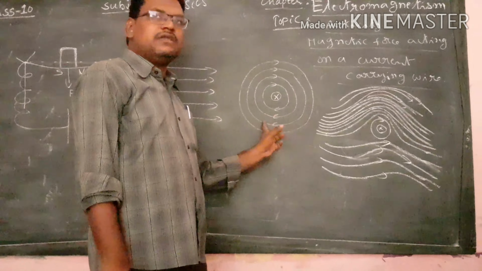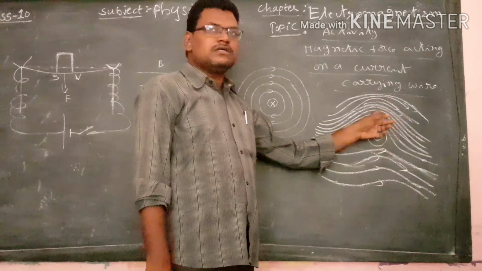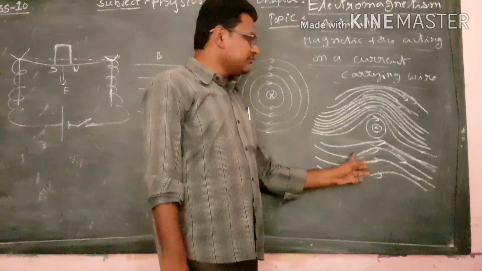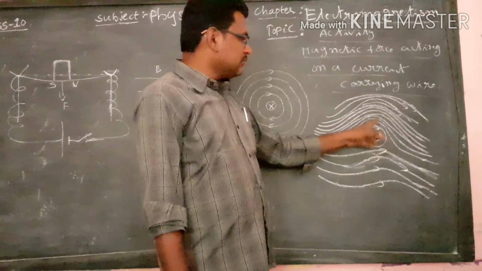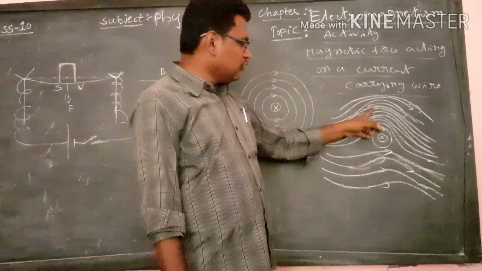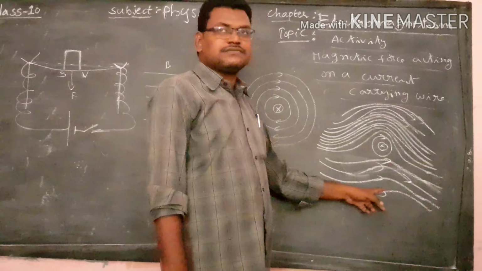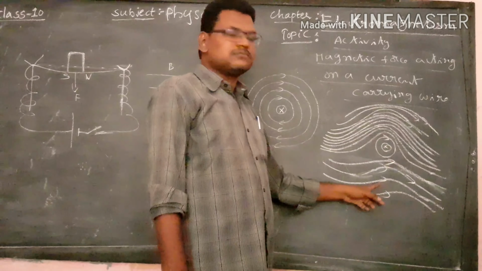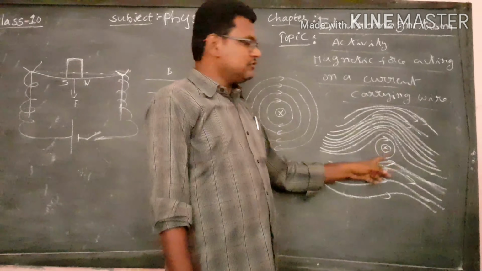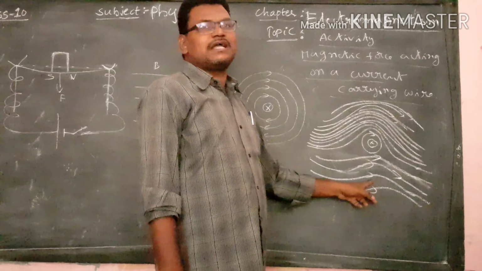Therefore, the resultant of the uniform magnetic field by the horseshoe magnet and the uniform magnetic field by the current carrying wire is non-uniform. In the upper part of the current carrying wire, the magnetic field is more, and in the lower part, the magnetic field is less. Because of this non-uniform magnetic field, the current carrying wire moves from the strong magnetic field to the weak magnetic field.